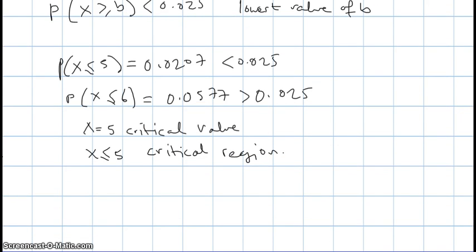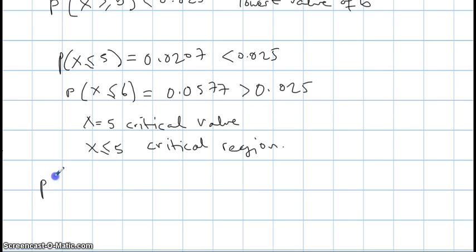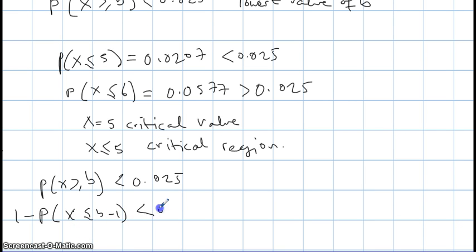What about the other end of the spectrum? Where we've got the probability x is greater than or equal to b, we're looking for the lowest value that is less than 0.025. That's the same thing as saying 1 minus the probability x is less than or equal to b minus 1 is less than 0.025.